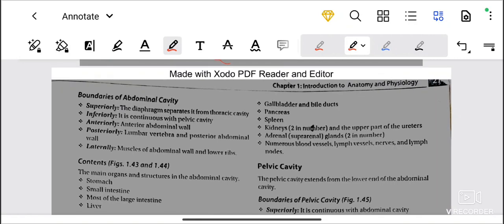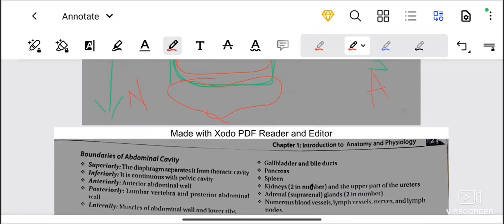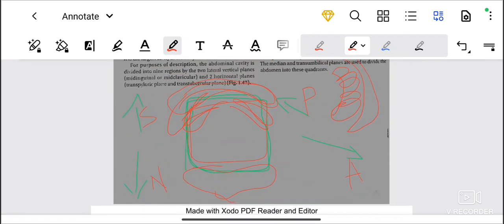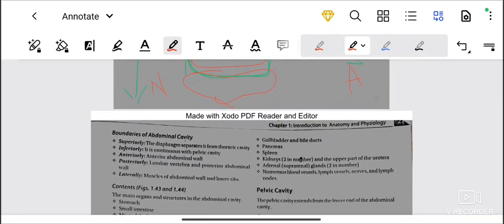Laterally, the muscles of the abdominal wall and the lower limbs will be present. These are the boundaries of the abdominal cavity.